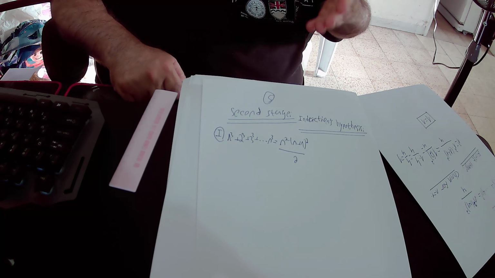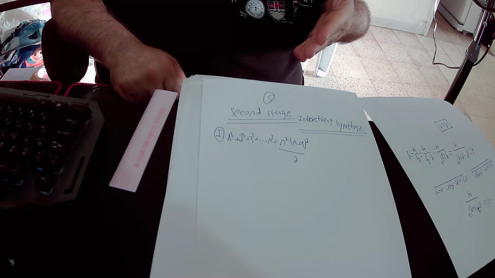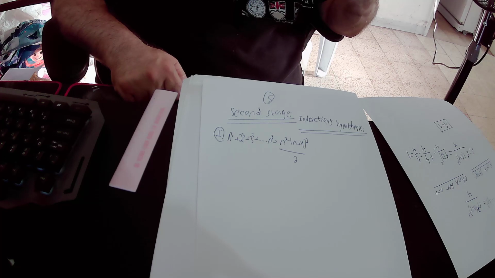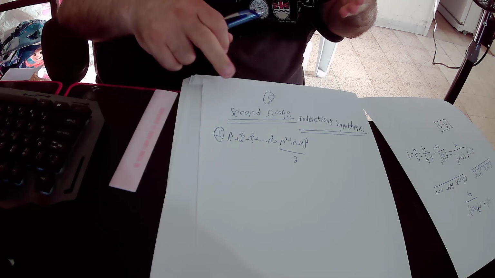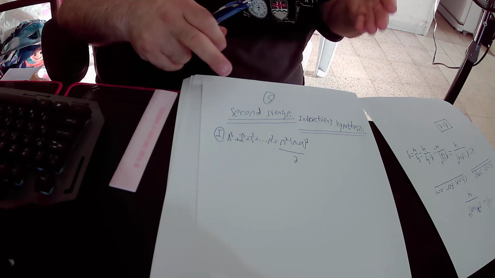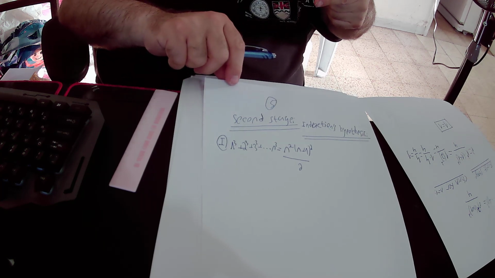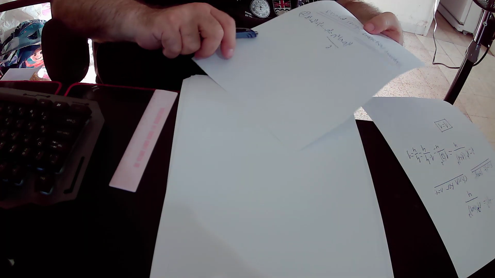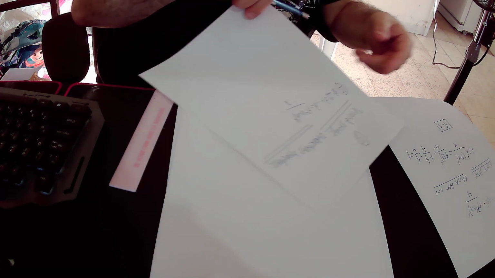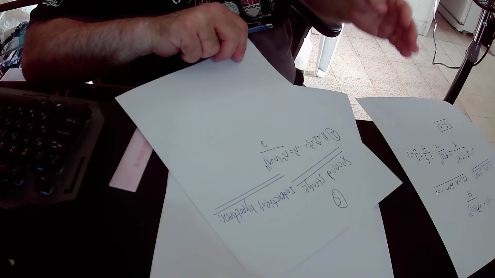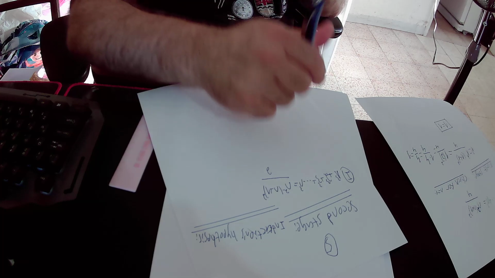And this is also called the induction hypothesis or induction assumption. We assume that this equation, this equation for n, is true, and when we rely on this assumption, we will prove that the expression of the statement for n plus 1 is also true.